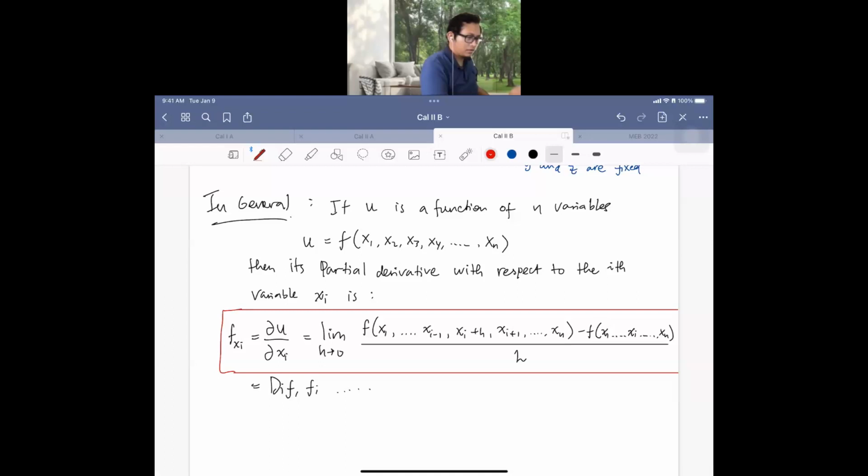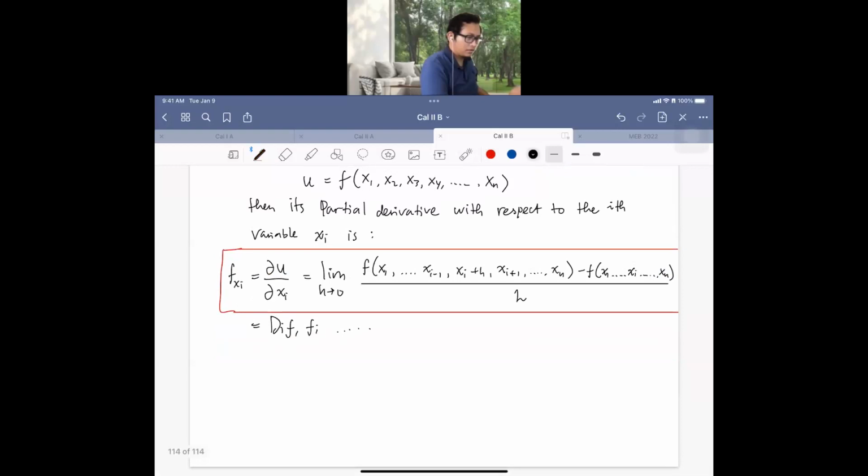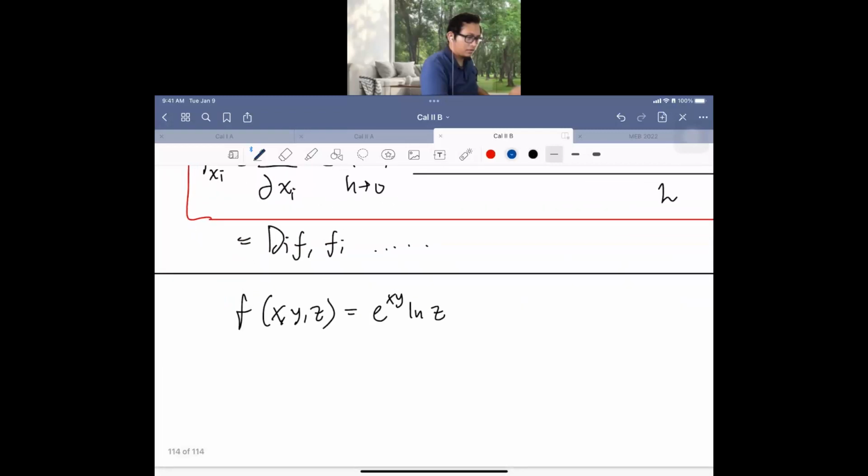Okay, so for example, you have a function of 3 variables. We can find partial x, we can find partial y, we can find partial z, which means that for partial x, the variable will be x.